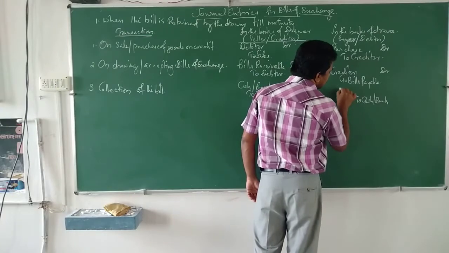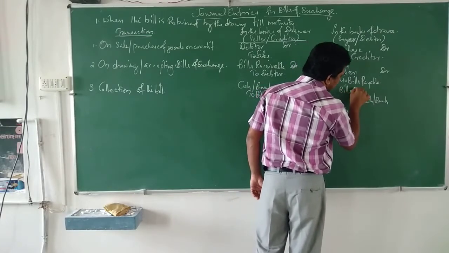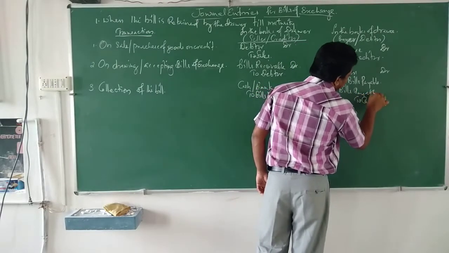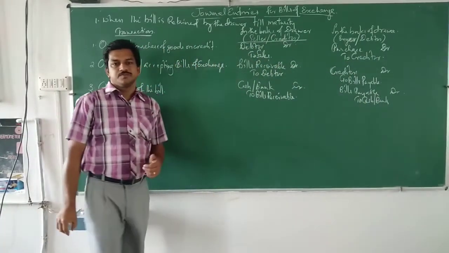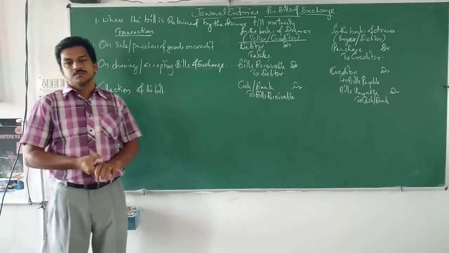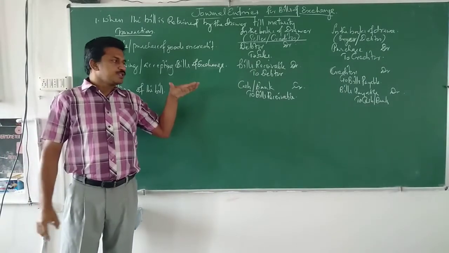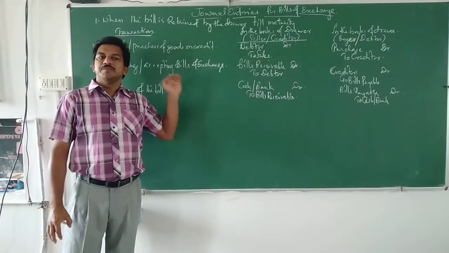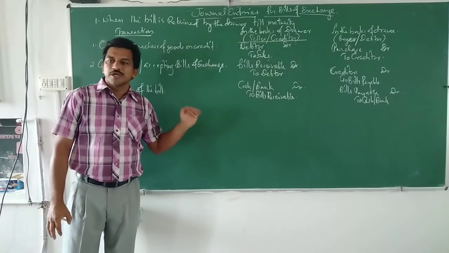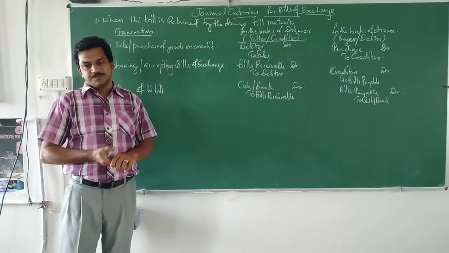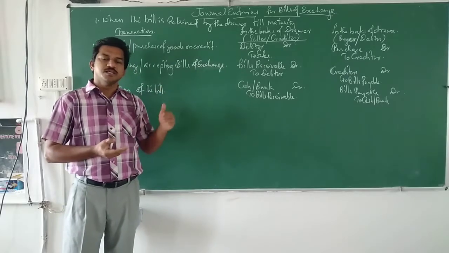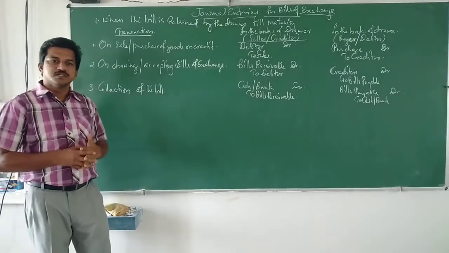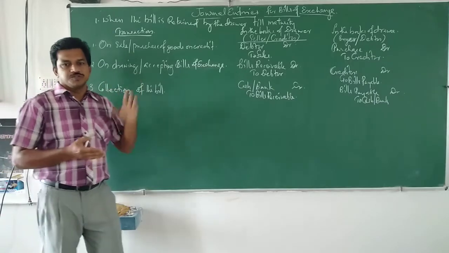So we can write bills payable, debtor to cash or bank. So these are the journal entries when the bill is retained by the drawer till maturity. Okay. Now let us discuss the second point. When the bill is sent to bank for collection before maturity.